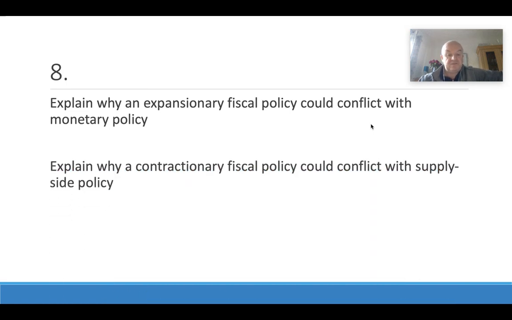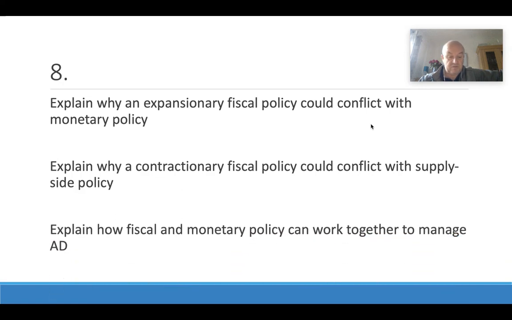Now, explain why a contractionary fiscal policy could conflict with supply side policy. Again, you would need to be able to demonstrate you understand the difference between expansionary and contractionary fiscal policy, and also the effects that might have on different parts of the other policies that a government might choose to implement.